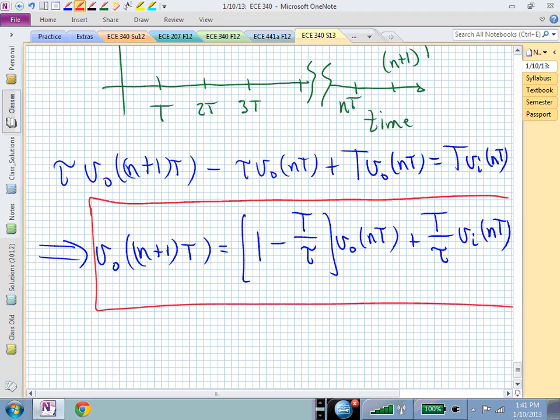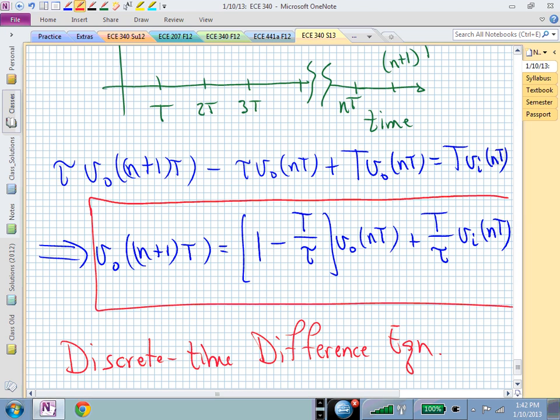This is now a discrete time difference equation. Now we've solved that differential equation with a difference equation.